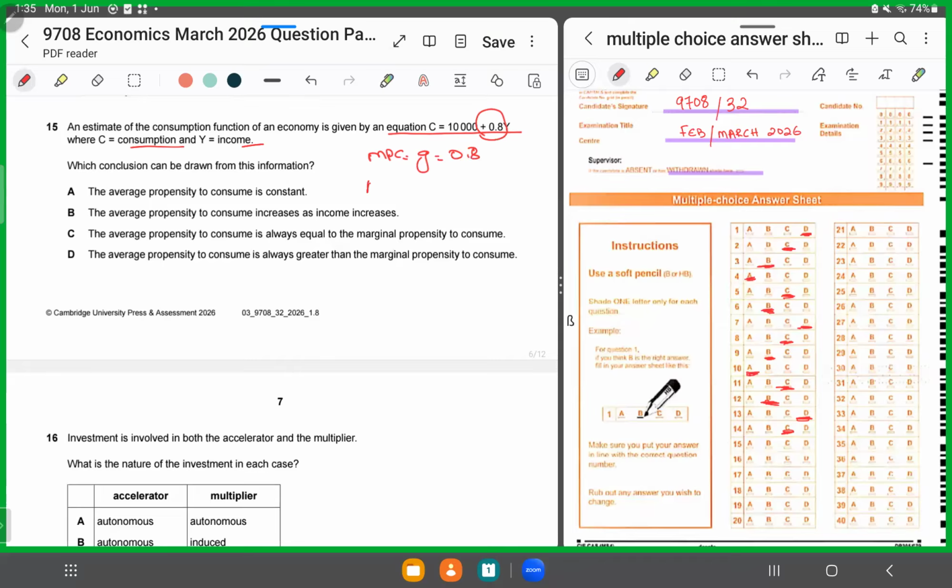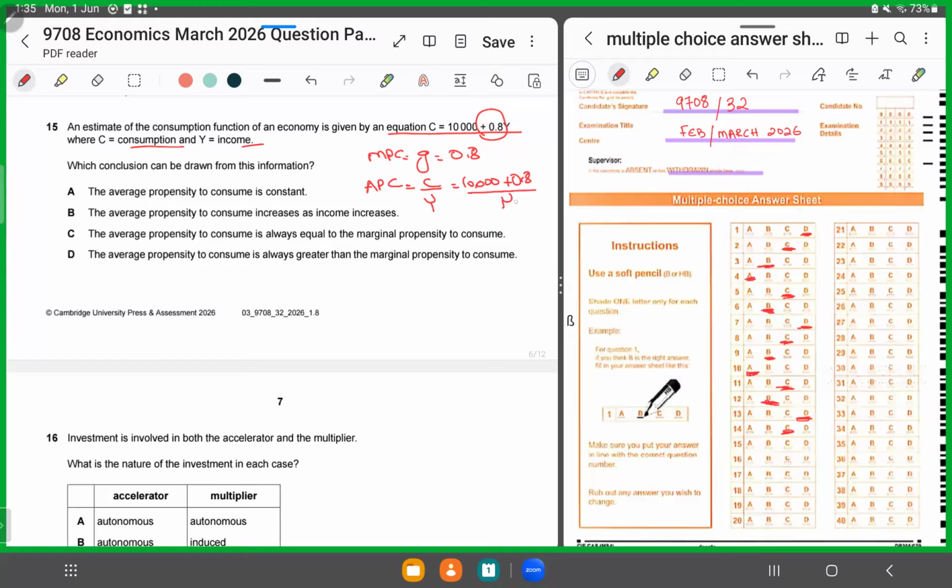And average propensity to consume is equal to consumption upon the output, right, which means it is equal to 10,000 plus 0.8Y upon Y, right?